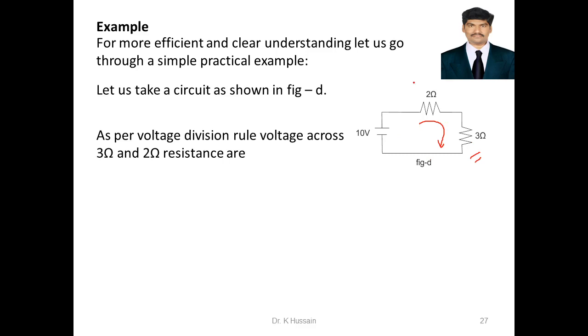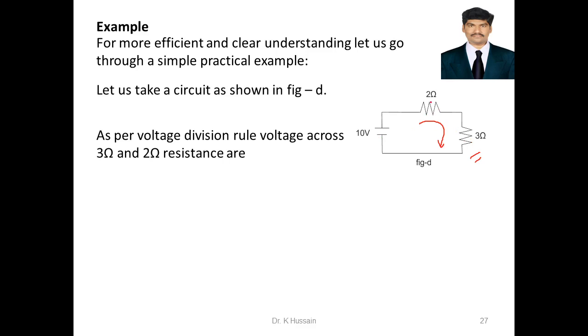After knowing the current, since it is a series circuit, the current is the same and only the voltage divides. V1 is the voltage across this resistor and V2 is the voltage across the other, so 10 is equal to V1 plus V2. How much is V1? I into R, again by using Ohm's law. We found the current is 2 amps because 10 by 2 plus 3.